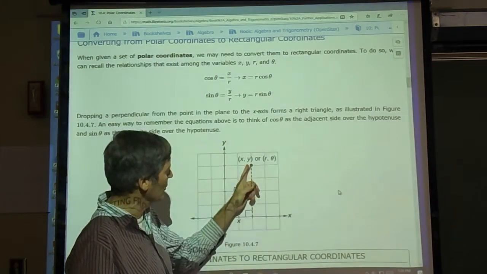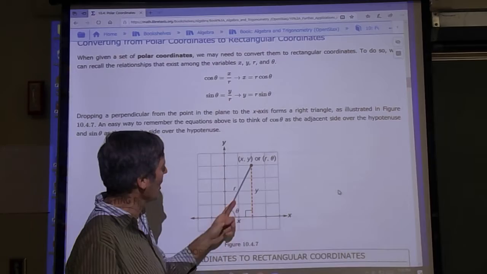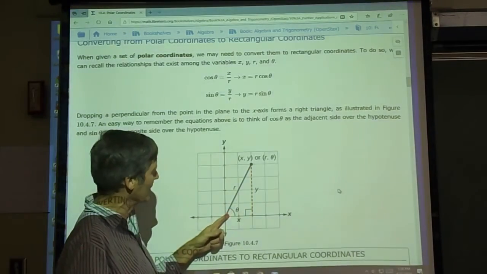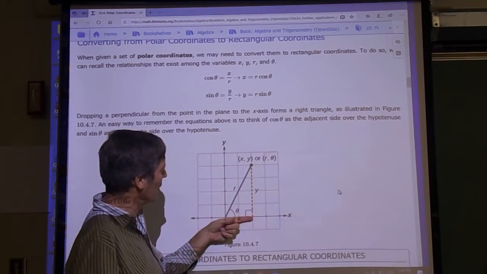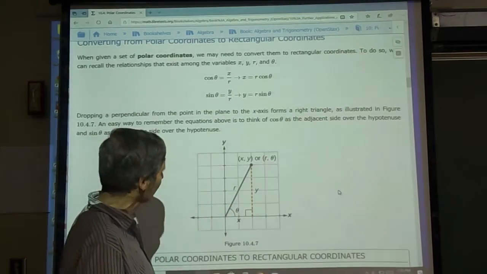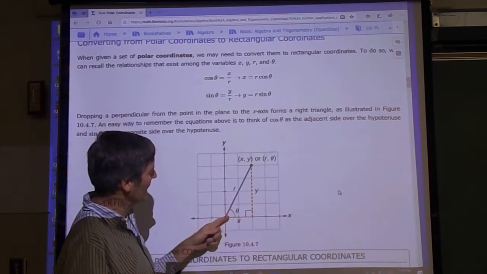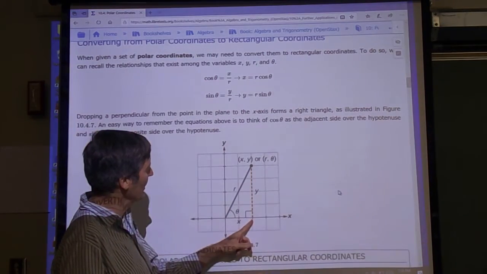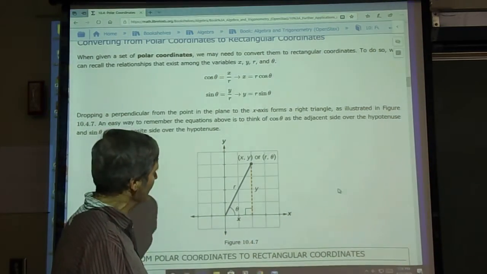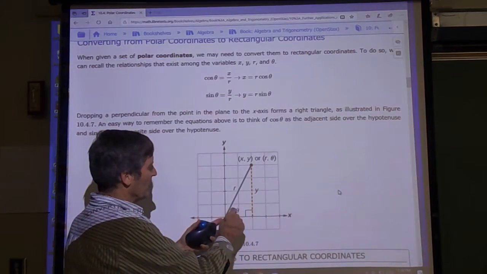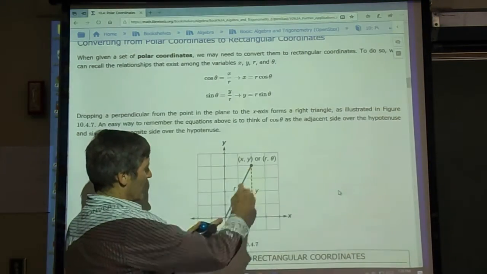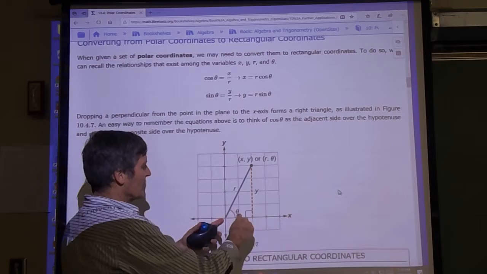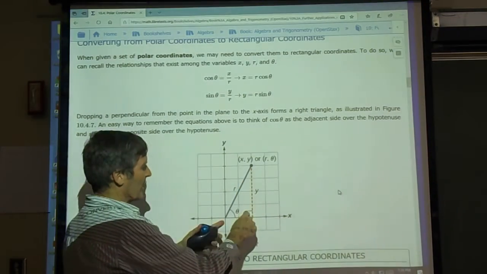X and y are the rectangular motion you make. R is this distance away or minus thereof, and if you're taking r positive, then theta is this angle. What you find out is that from this triangle, x, this side, has to be r cosine theta. What always happens is when you have a hypotenuse r and an angle theta, one side is always r cosine theta and the other side is r sine theta.